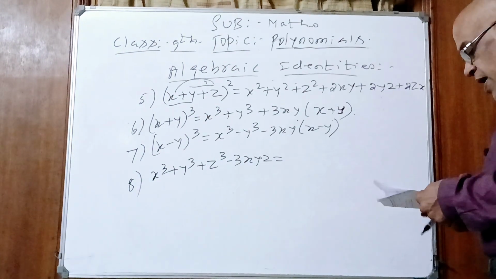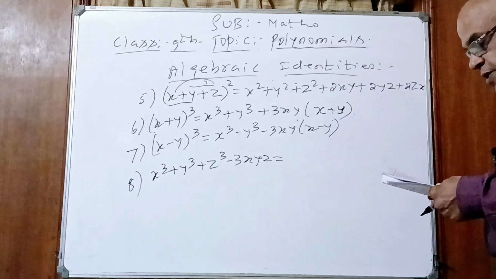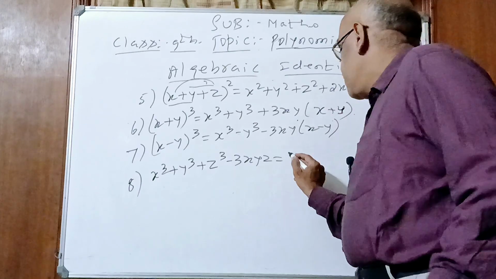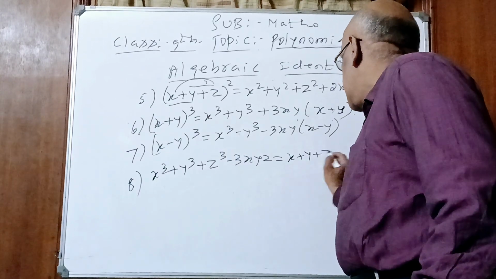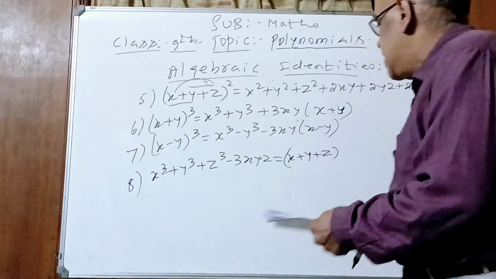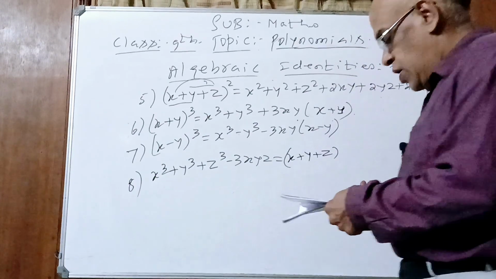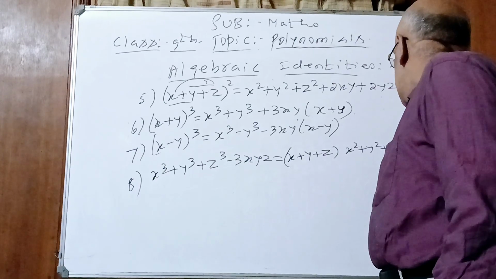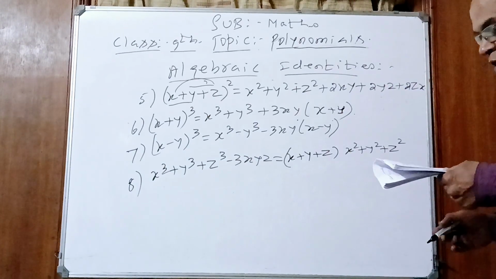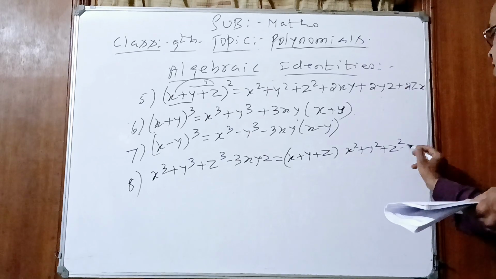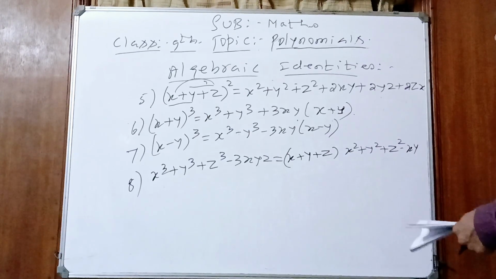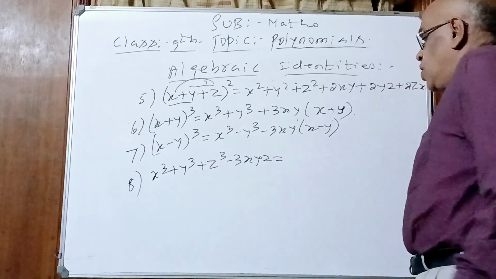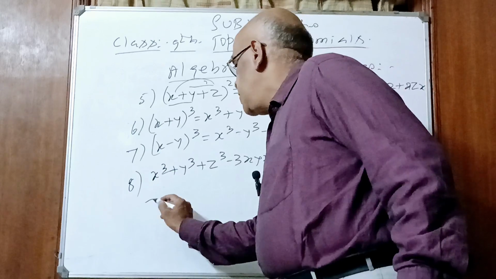It is equal to (x plus y plus z). x plus y plus z is the first term, into which you write the square of all the three terms, x square plus y square plus z square. Then what do we get, children? Minus xy. So what do I do? I want to write it in one line. So what do we write?